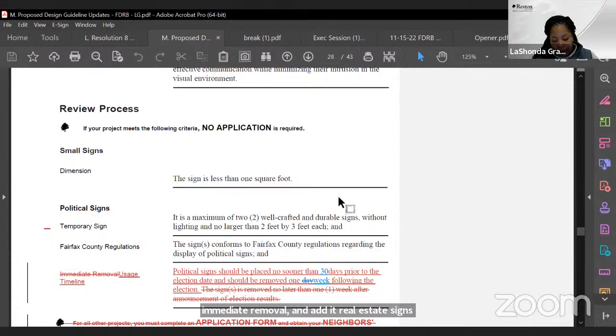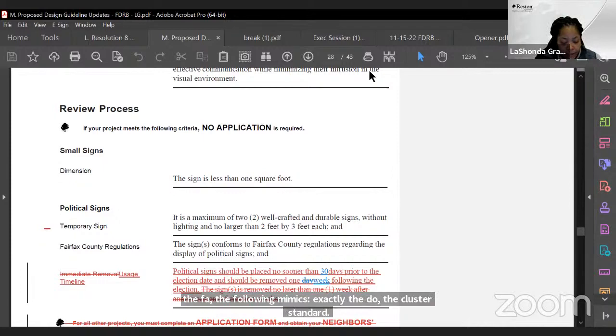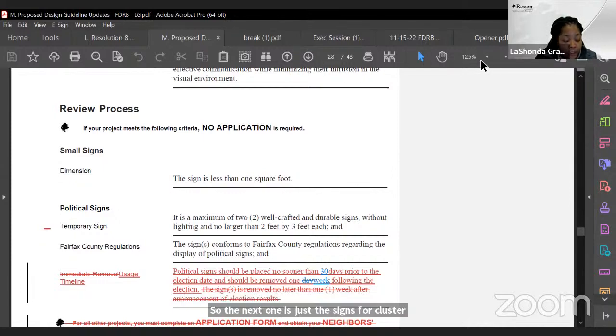Page 25. And the following mimics exactly the cluster standard. So the next one is just the signs for cluster standard, for single family homes.